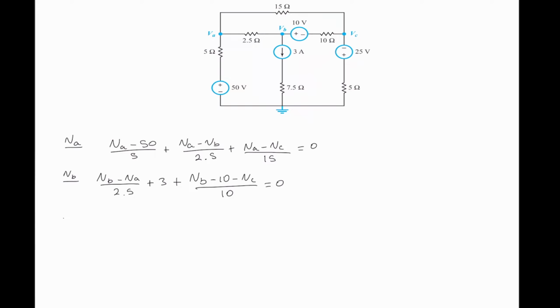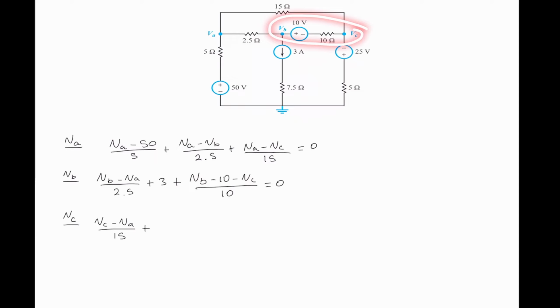We go to terminal VC. At terminal VC, we take VC with reference to VA, so that is VC minus VA all over 15 ohms. Plus, now we do the same thing with VC with reference to VB.